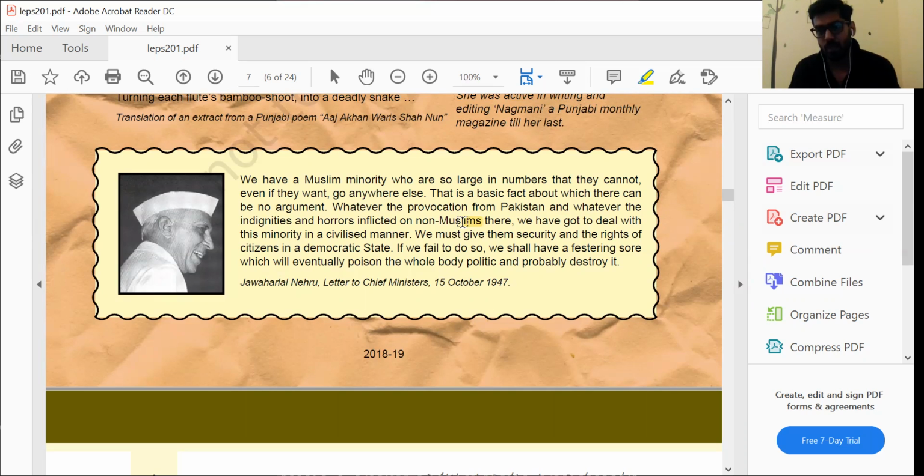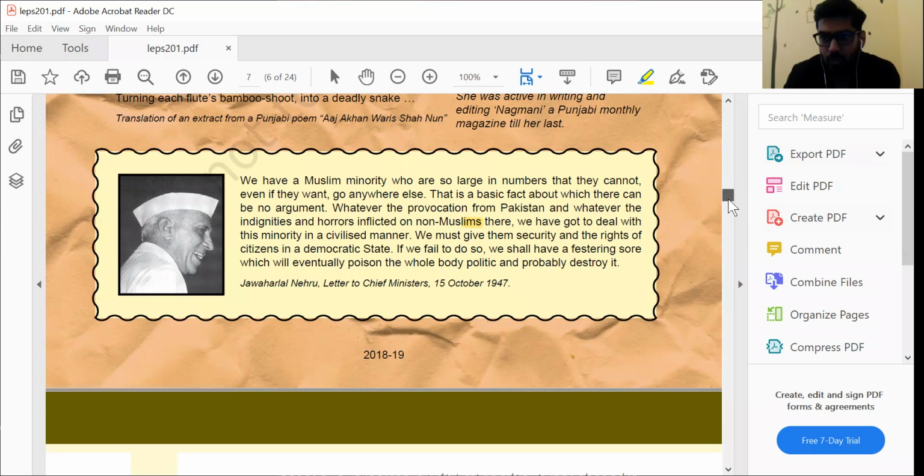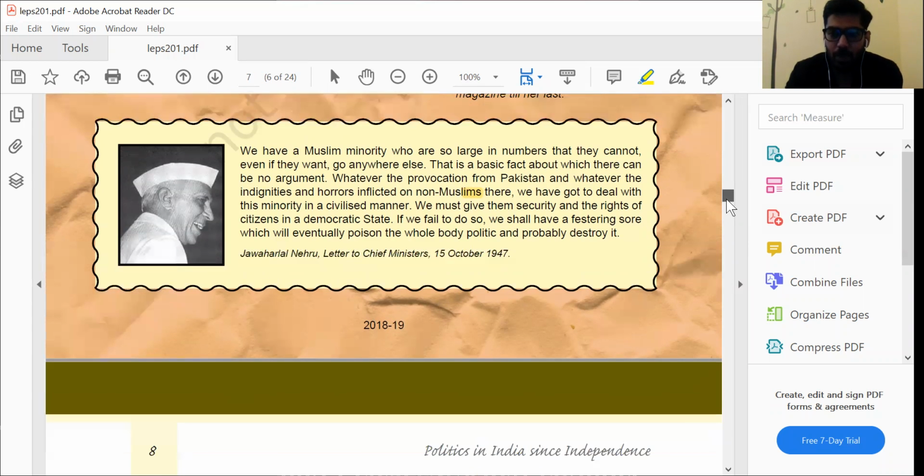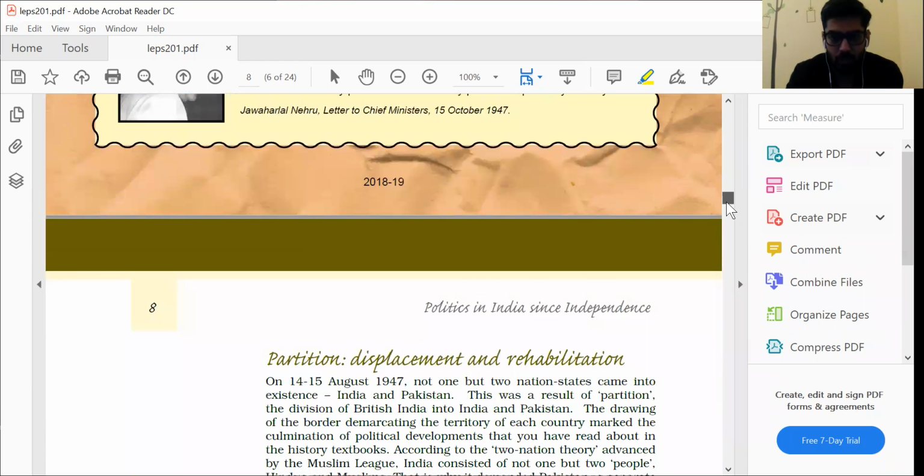A Hindu or a Muslim or a Sikh who is living in India is as Indian as anyone else. So clearly saying that we will not adopt any discriminatory policies towards our people based on their religion. Very good thing to do actually.